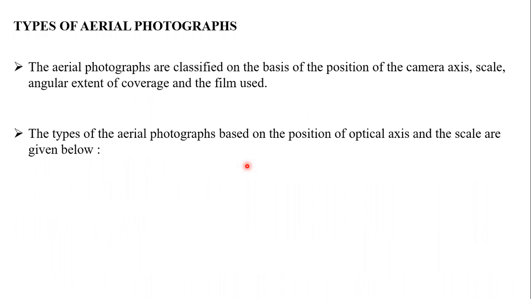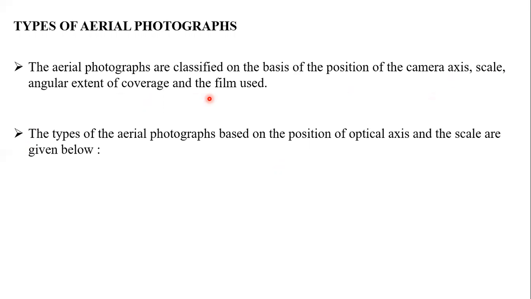Types of aerial photography, students. We have discussed many things. Types of aerial photography are classified based on the camera axis, the axis in which you are taking the photographs, scale, and angular, the angle at which you are taking the photograph, and extent of coverage, how much area is covered by the film used.